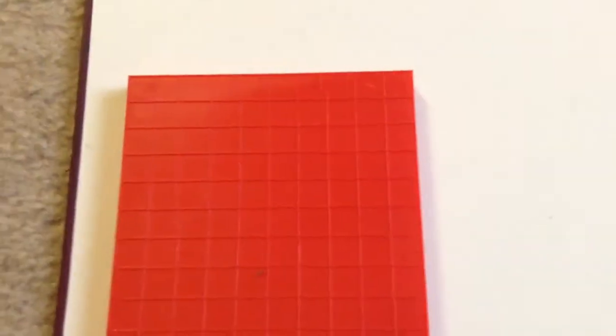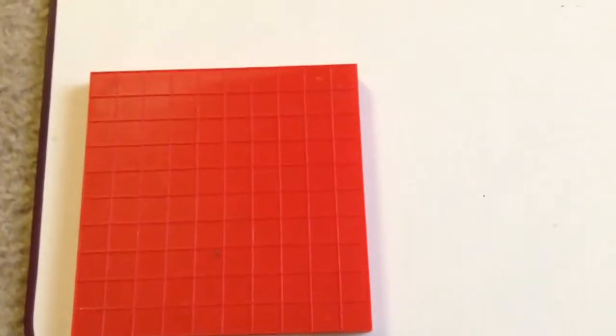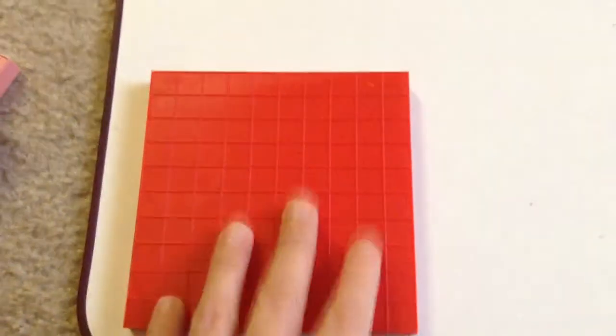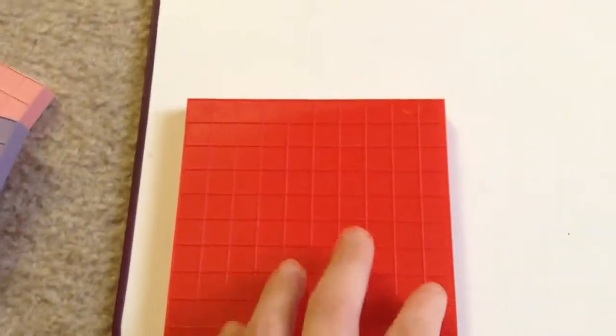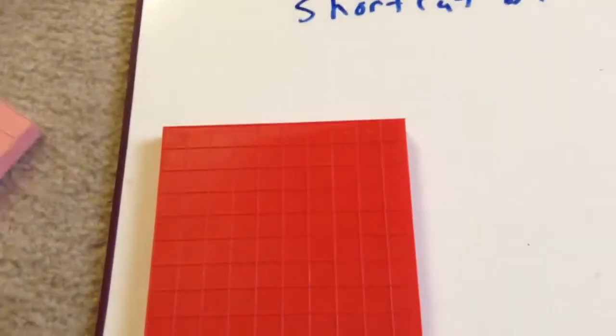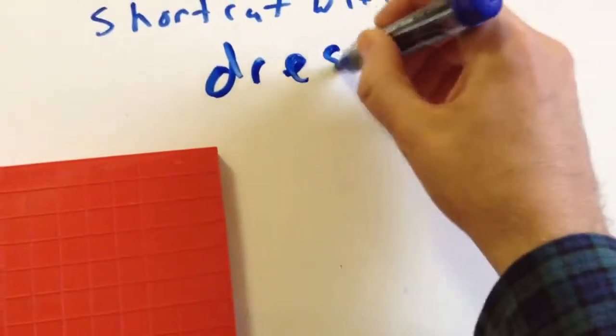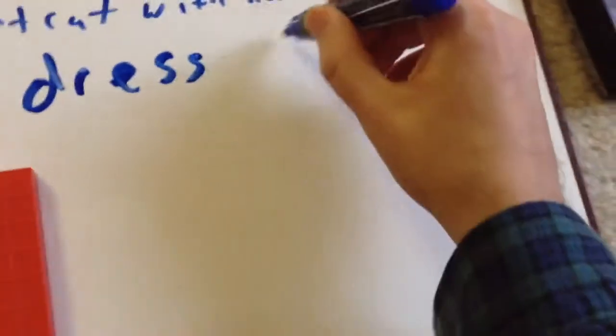So I like to do this in a little different way than most books introduce it, with blocks, with the visual, so that you can get more of an understanding, and usually that helps people remember a little bit more. So let's just say we have a problem, and we have a dress that costs $60.